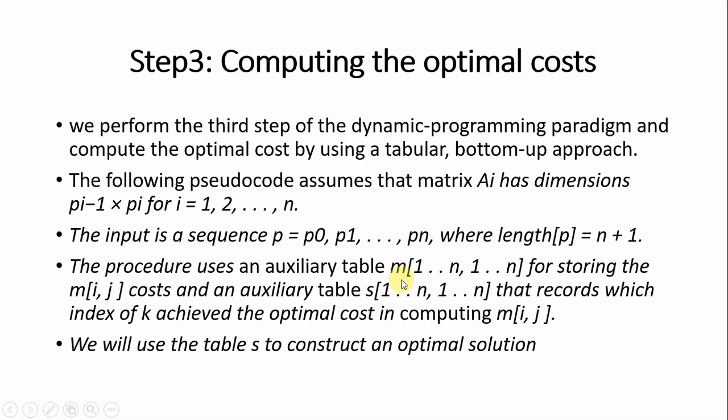That k is the split point in the sequence. We have A1 to An, so k will give you where to split, and our aim is to get an order for this sequence, the multiplication order. So s is the most important value. s is used to construct the optimal solution.